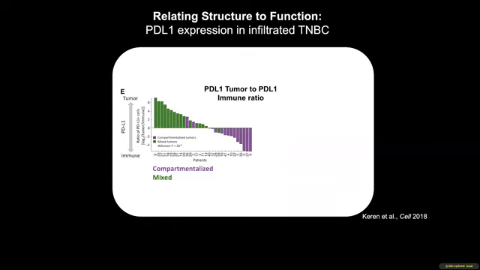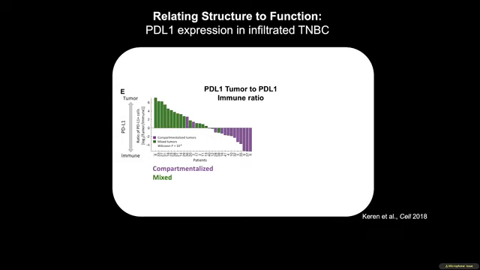And so remarkably, we found a very striking breakdown between whether PD-L1 was expressed on a tumor cell or on immune cells. In this graph, you can see a log2 ratio of the amount of PD-L1 on tumor versus immune cells. What we found was that the compartmentalized tumors had far more PD-L1 present on immune cells, whereas the mixed tumors had an overabundance of PD-L1 expression on tumor cells.